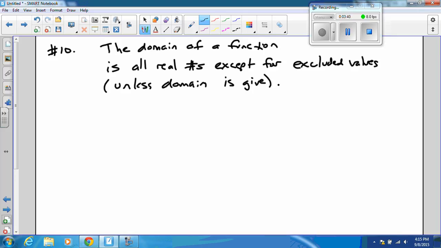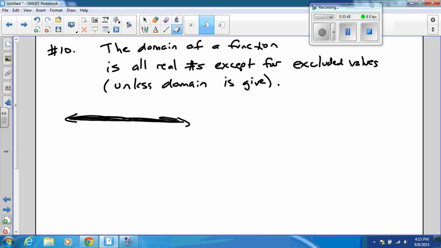In other words, we're going to begin by assuming that the domain is all real values, and then we will come along and take out any excluded values that may happen to arise.